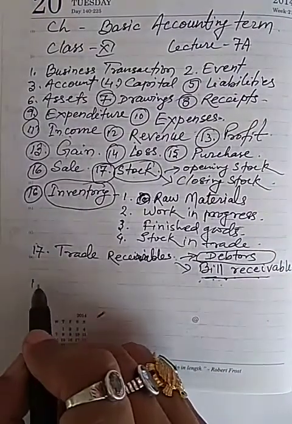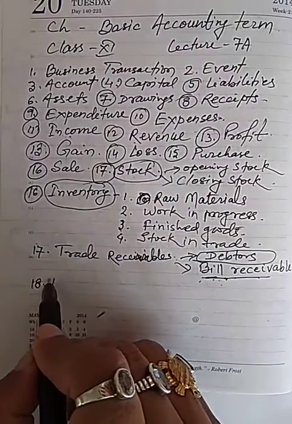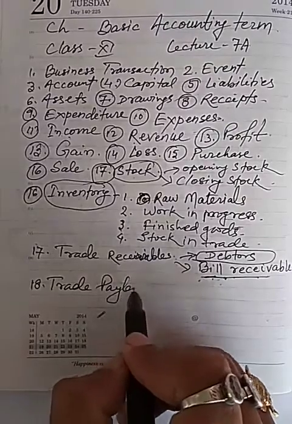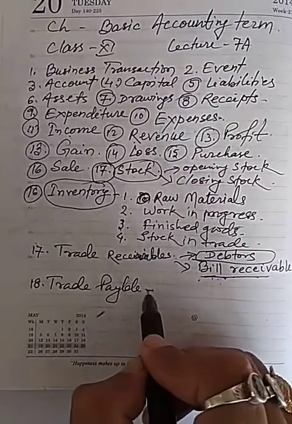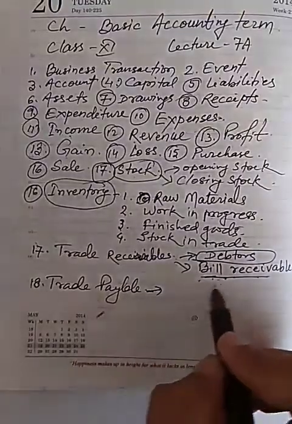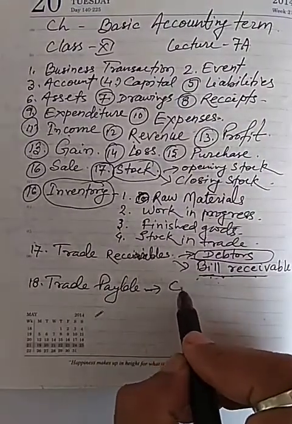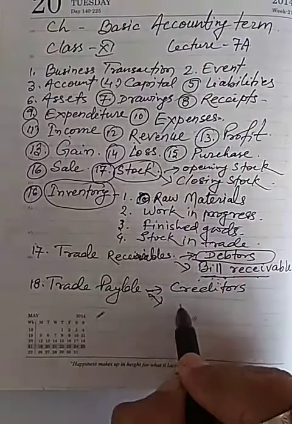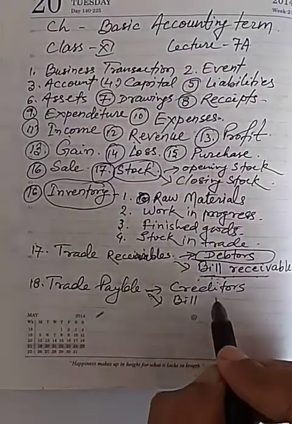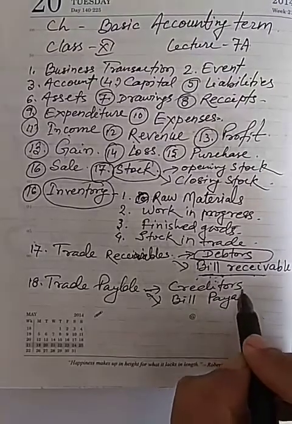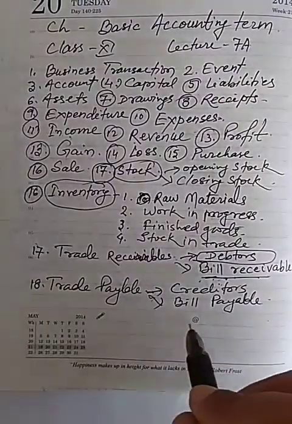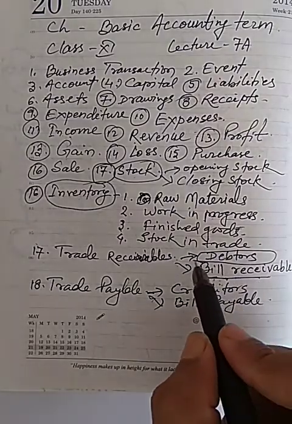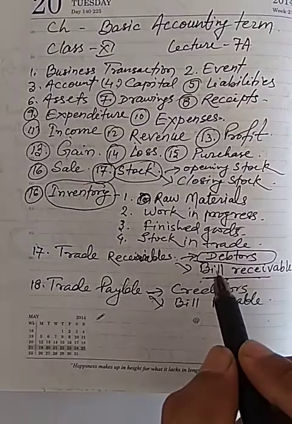Now, next point is trade payable. It also includes two things: creditors and bill payable. Creditors is just opposite to debtor.